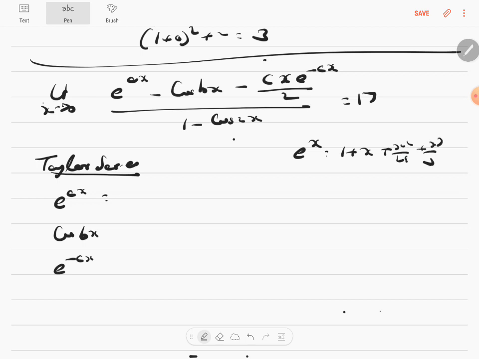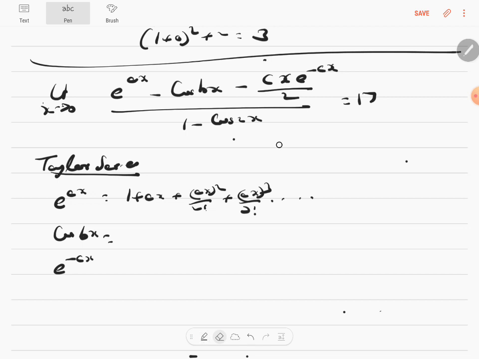For ax, you write 1 plus ax plus ax the whole square by 2 factorial plus ax the whole cube by 3 factorial, and so on. And for a simple cos x, you should know the Taylor series. Cos x is 1 minus x square by 2 factorial plus x to the fourth by 4 factorial, alternately minus and plus for cos.